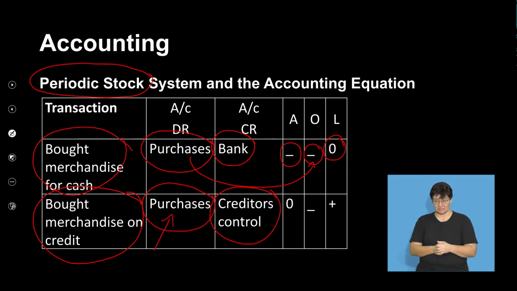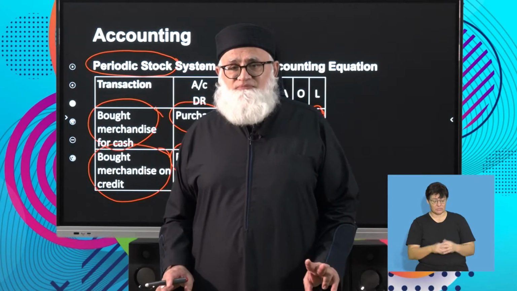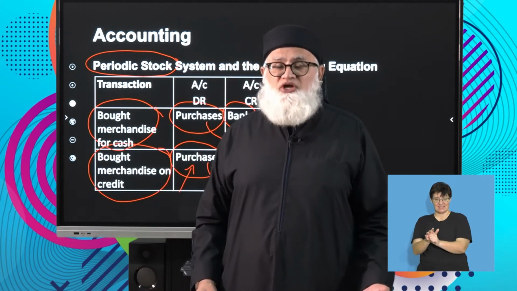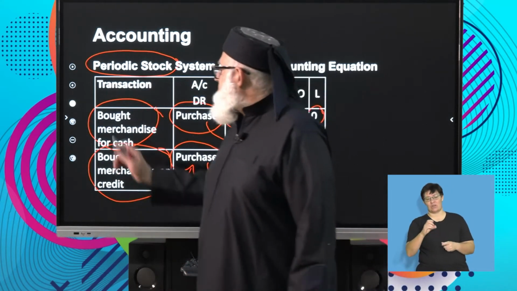The effect on the accounting equation will be owner's equity minus. Why? Purchases is regarded as an expense, and your liabilities increase because you are owing more money to your suppliers. So here you've seen two transactions and how they impact in terms of the accounting equation, and in terms of the account debit and the account credit. Let's continue.